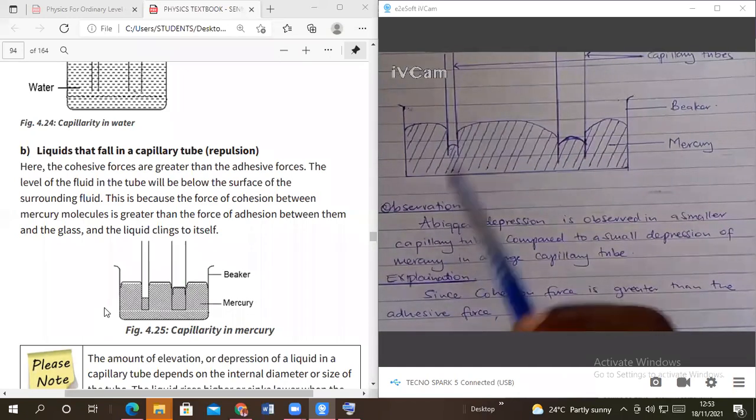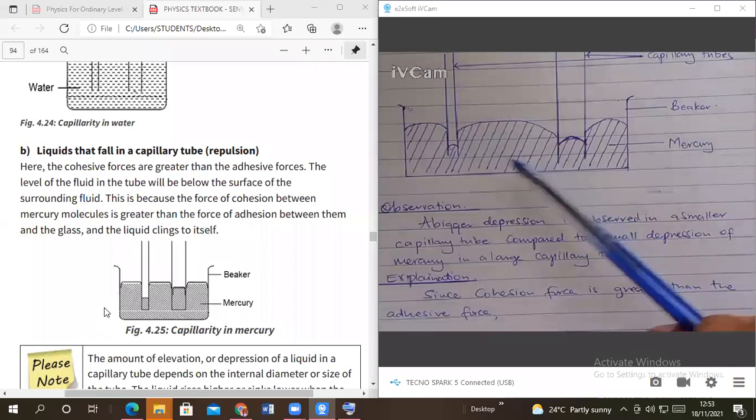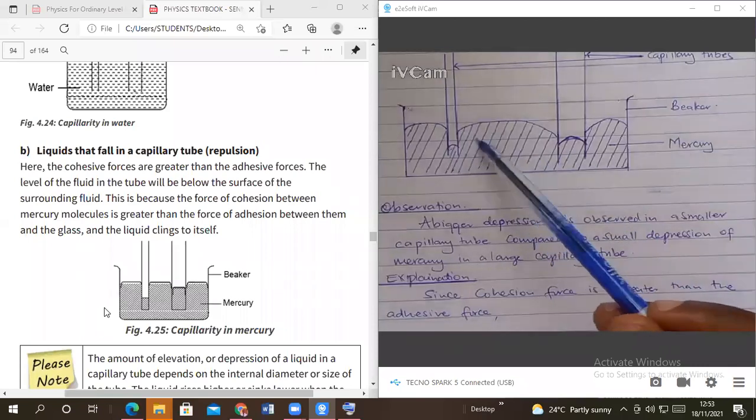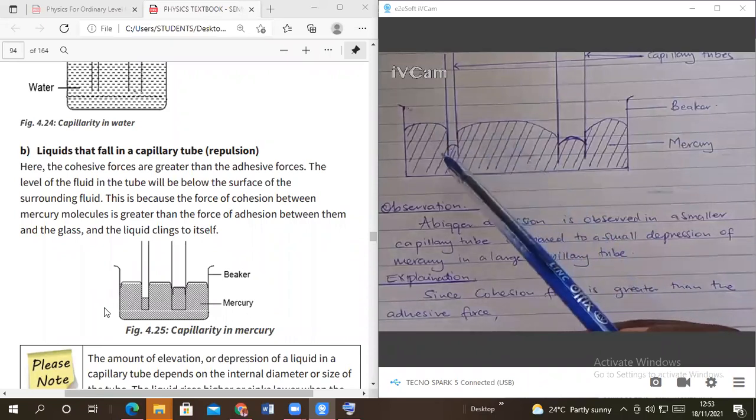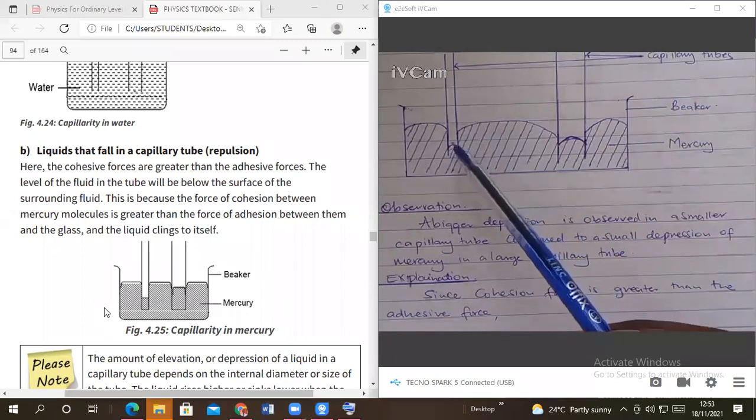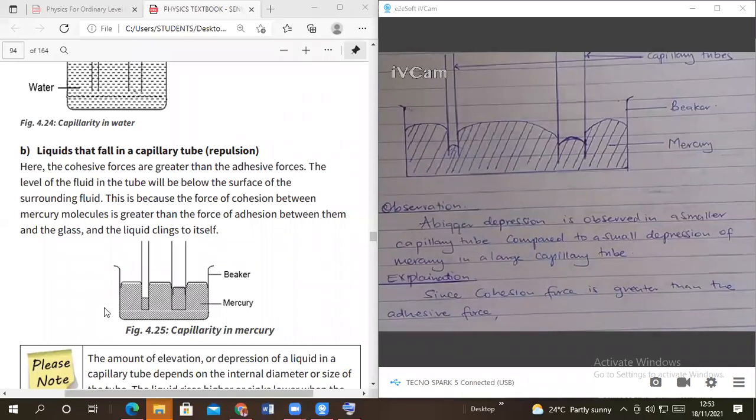It is because here cohesion force is greater than the adhesion force. Remember, cohesion force is between molecules of mercury alone, but adhesion is between mercury and the glass. Since cohesion is greater than adhesion, we shall have a fall or a depression of the level of the mercury within the tube.